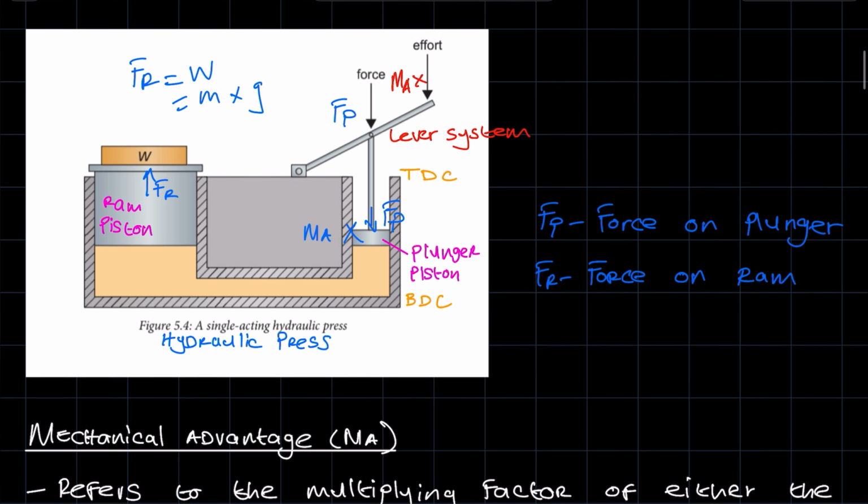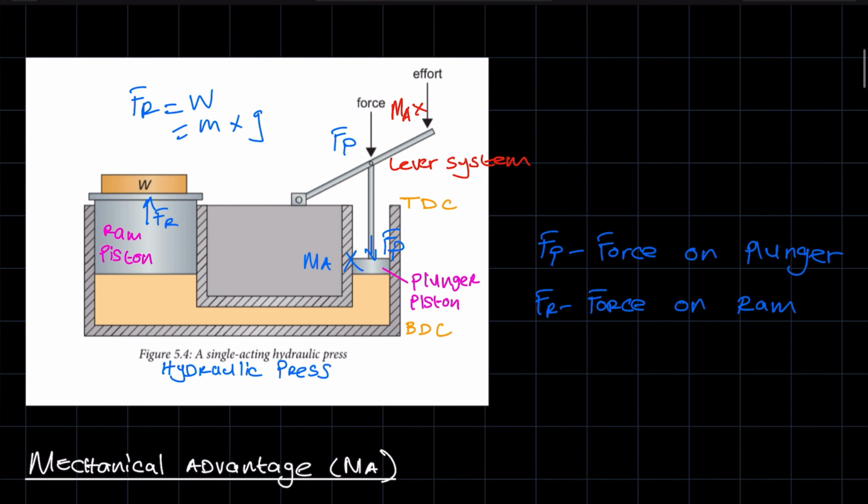So essentially, that is how you look at the forces on a hydraulic press as well as a lever system. You have the force coming into the lever system, which is this effort. That effort is multiplied by the lever system's mechanical advantage. Then you get the force coming out of the lever system.